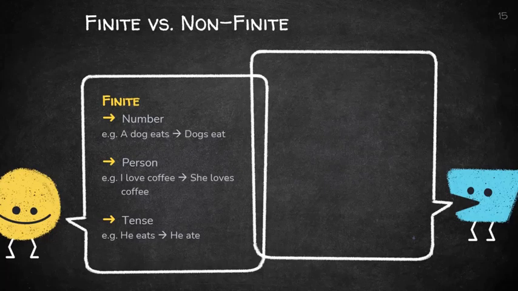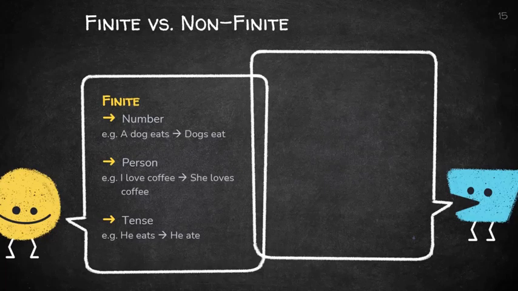So the verb eats in simple present will change into ate in past tense, and so on and so forth. So usually we don't have any problems with the finite one, right?